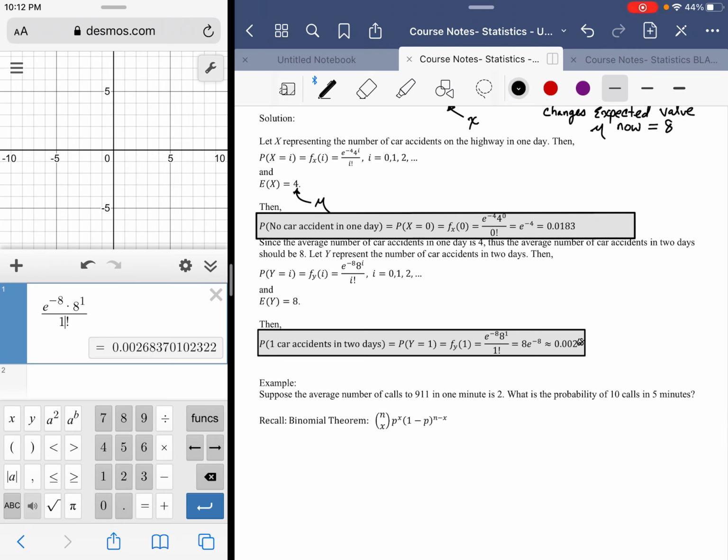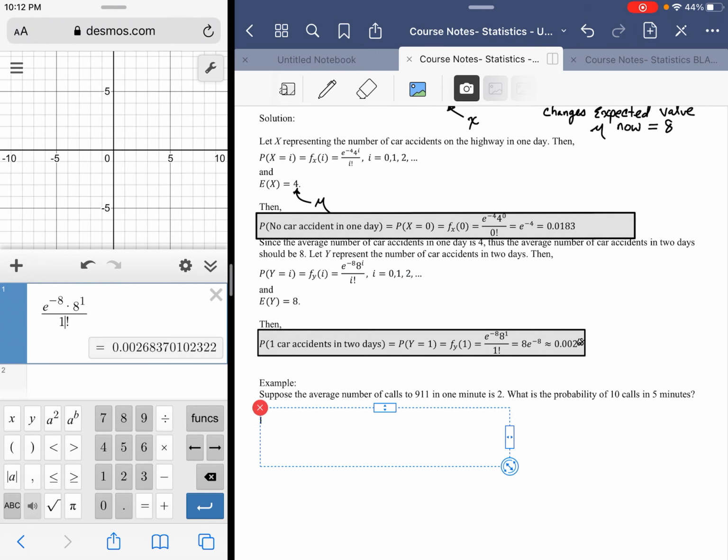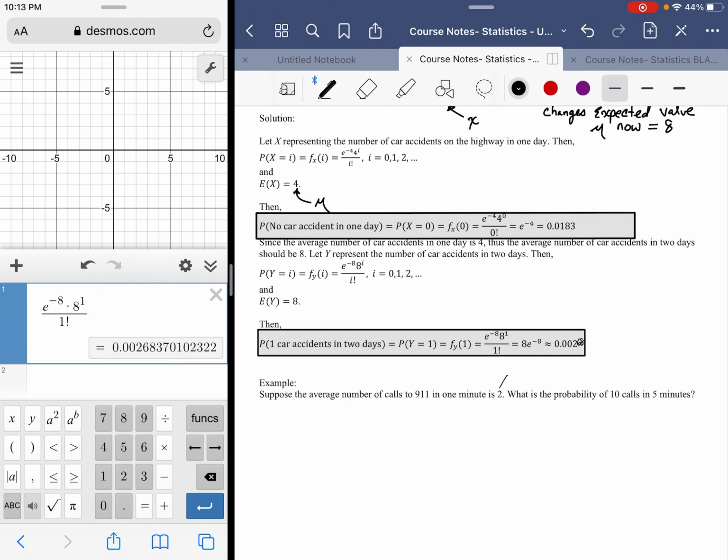All right. So, looking at the example that follows, suppose the average number of calls to 911 in 1 minute is 2. So that's an expected value. What is the probability of 10 calls in 5 minutes?